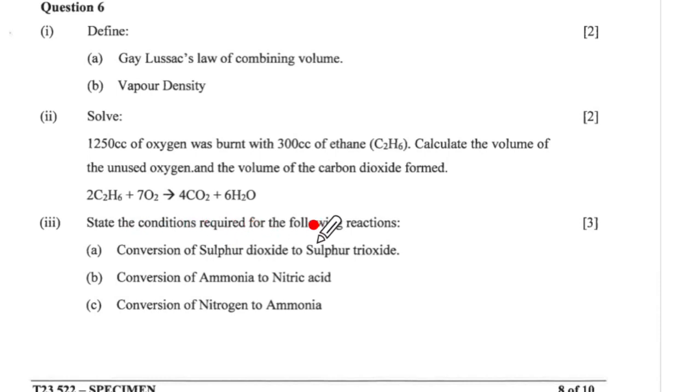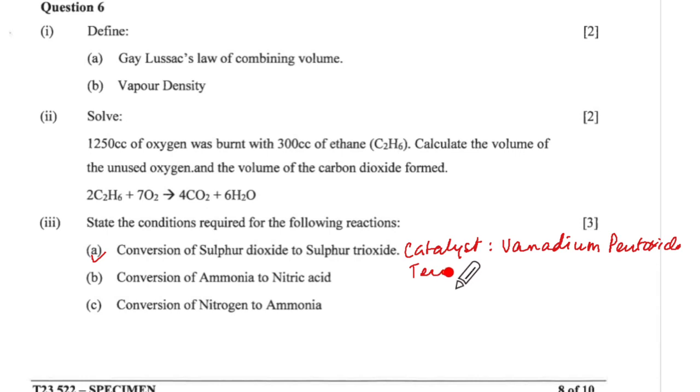State the conditions required for the following reactions: conversion of SO2 to SO3. Now here you will have the catalyst. Catalyst is vanadium pentoxide, correct? Temperature is 450 degrees to 500 degrees C, and the pressure is 1 to 2 atmosphere.